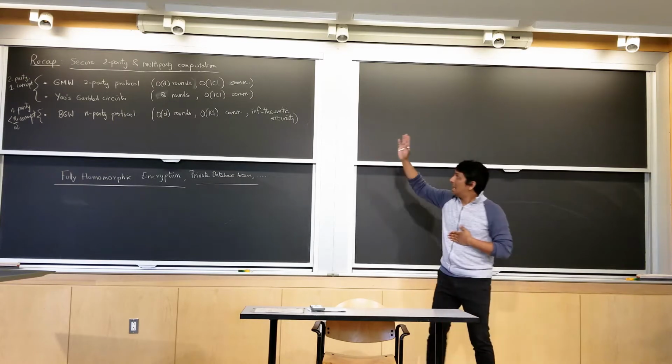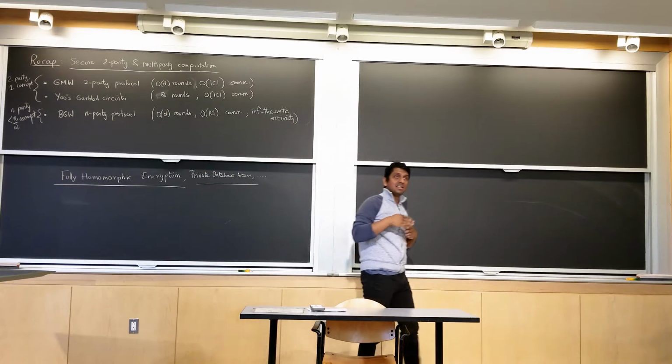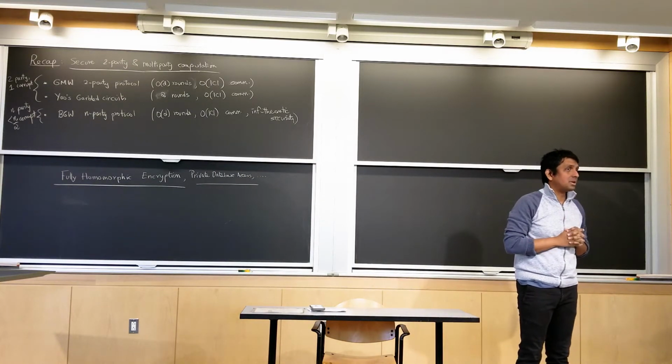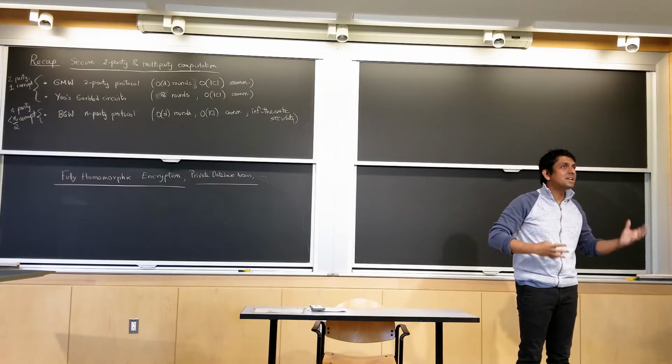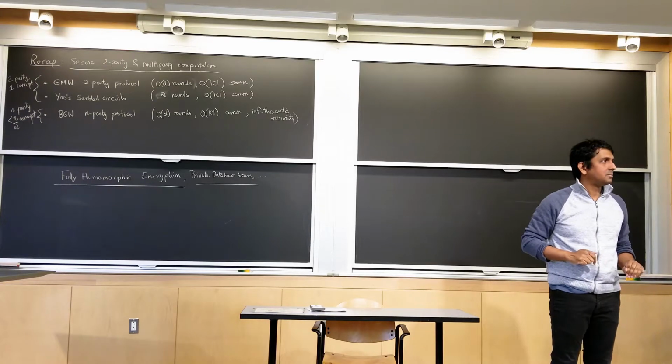There is a protocol, and again, the amount of communication is proportional to the size of the computing function. It seems like a common theme, we will break this thing. Okay, so that's it.